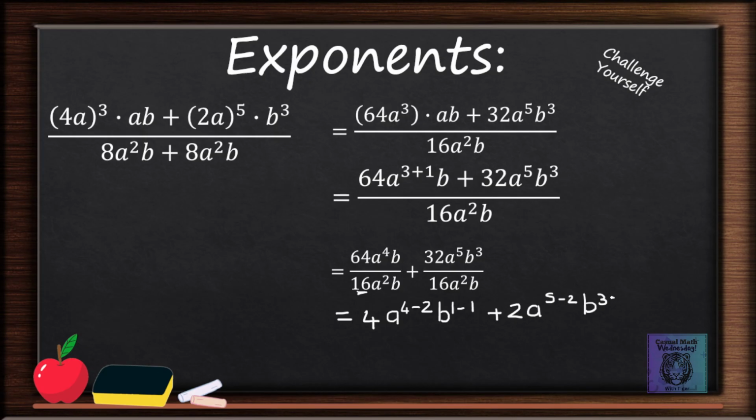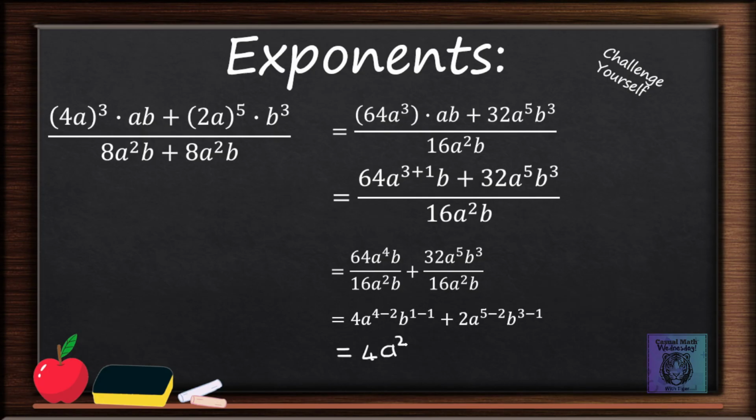B to the power of 3 minus 1. And so we go and say 4a squared, b to the power of 1 minus 1, again that would be b to the power of 0, that would give you 1, so we're not going to include it. So 2a to the power of 5 minus 2, it is 2a to the power of 3, b to the power of 2. And that is your final answer.